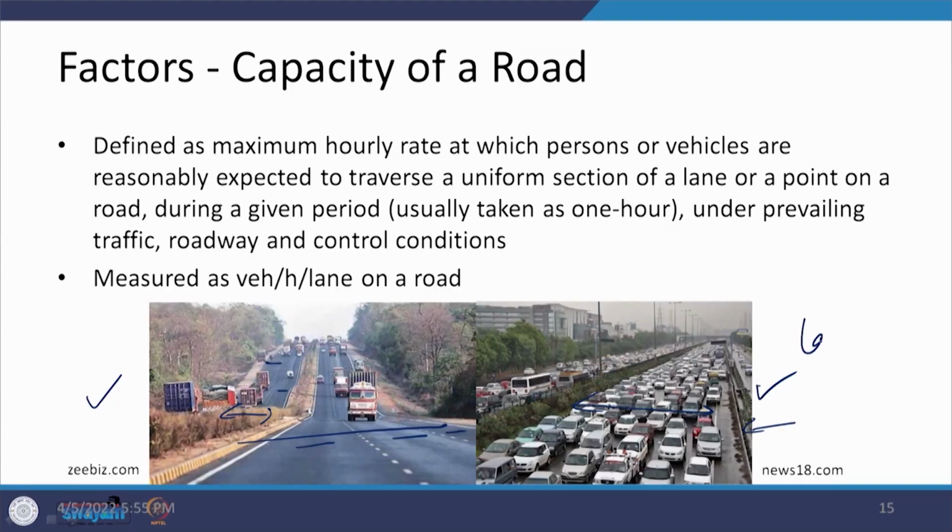When it is overflowing there is no lane discipline, and when there is no lane discipline, obviously the speed reduces, and here in this case it is almost a standstill condition which you can see. That means the service is not working under the desired condition.